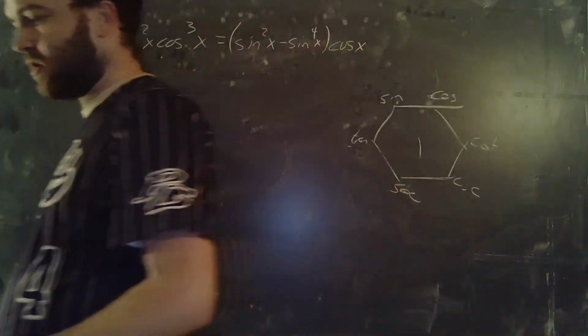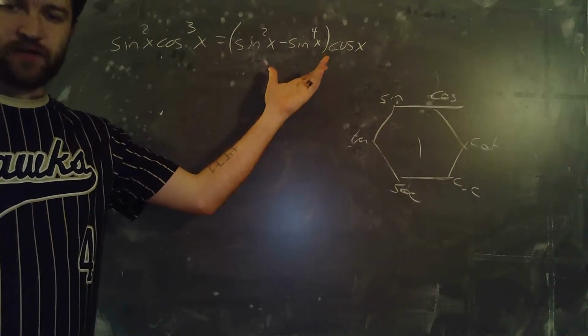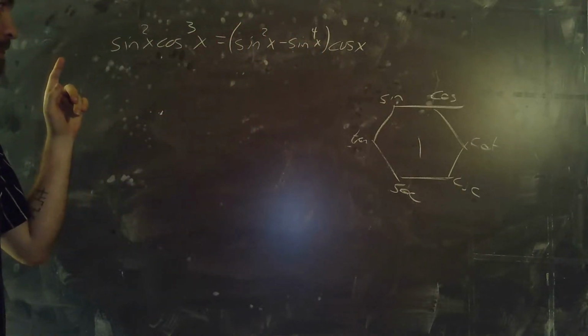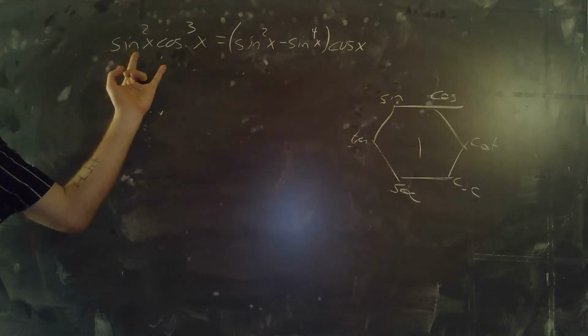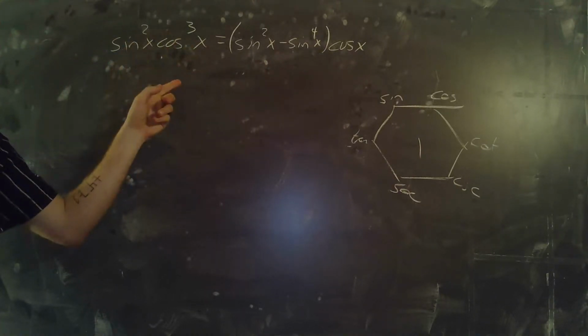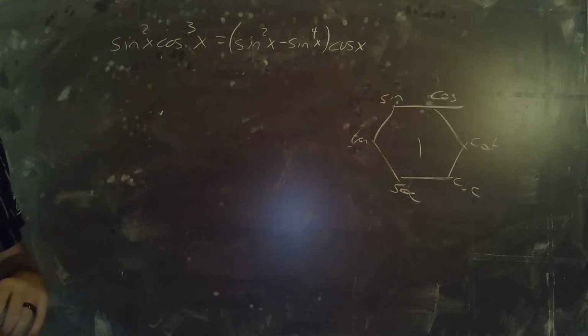So when I say pick the harder side, that looks harder because there's more stuff. That's at least the way most people think. But this side is actually harder because there's no fundamental identity for that. We don't want to pick it because you don't know an identity for it. So you've got to have a little bit of a sense of danger here.